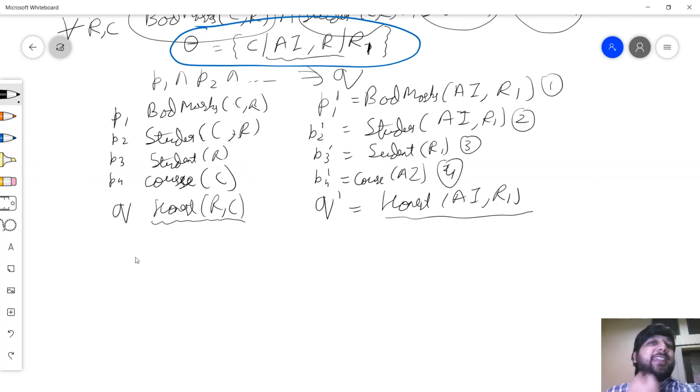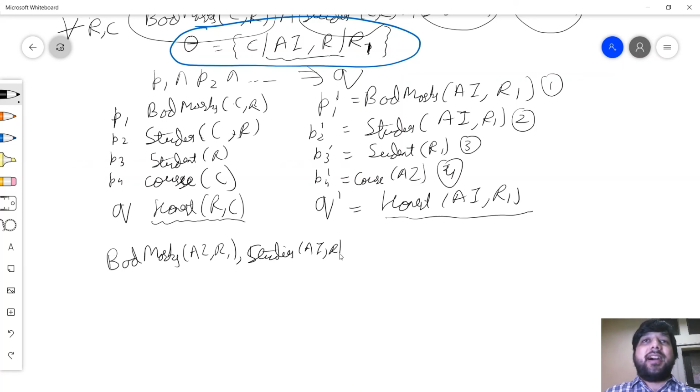And therefore, let me write it down over here, whatever I have written, in the specific format first. So I had in my knowledge base bad marks AI, R1. This was in my knowledge base. I had studies AI, comma R1. This was in my knowledge base. I had student R1. This was in my knowledge base. I had goals AI.